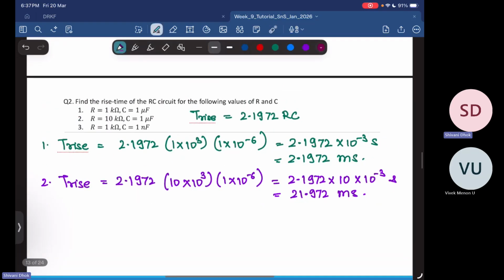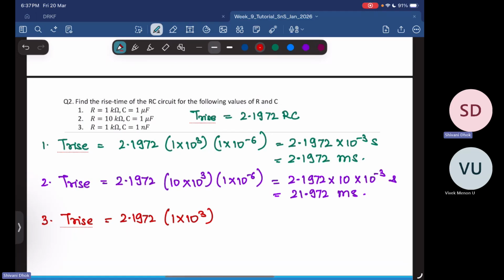And the third one is, we have T rise equal to 2.1972. Now let's say we fix the resistance value to 1 kilo ohm, which was in the first part, and now you reduce your capacitance.